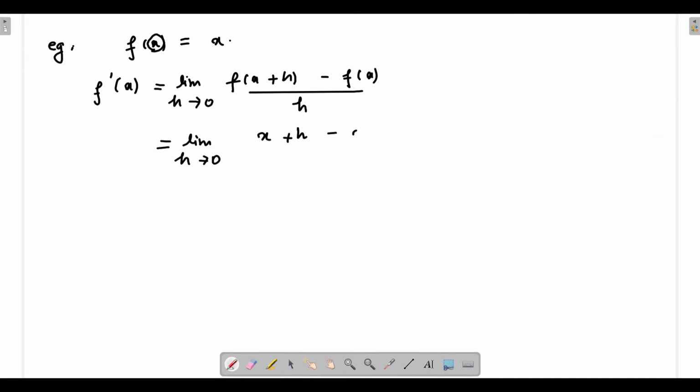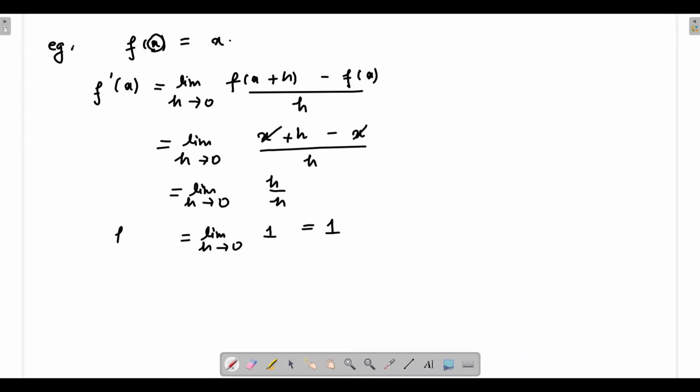Minus f of x, which is x, and then divided by h. So this will be equal to the limit h tends to 0. x and minus x will get cancelled, leaving h divided by h. This will be equal to the limit h tends to 0 of 1, which is nothing but 1. So f prime of x is 1.